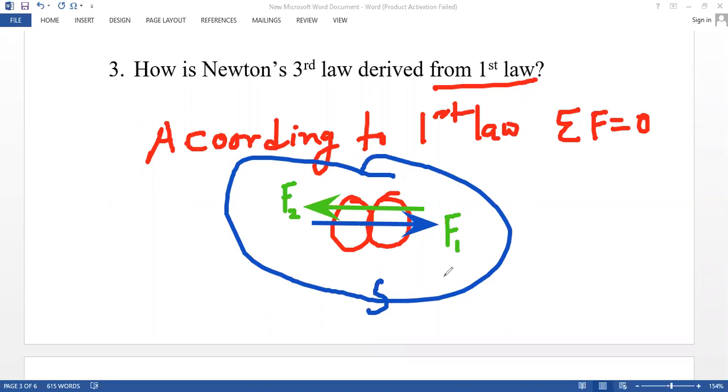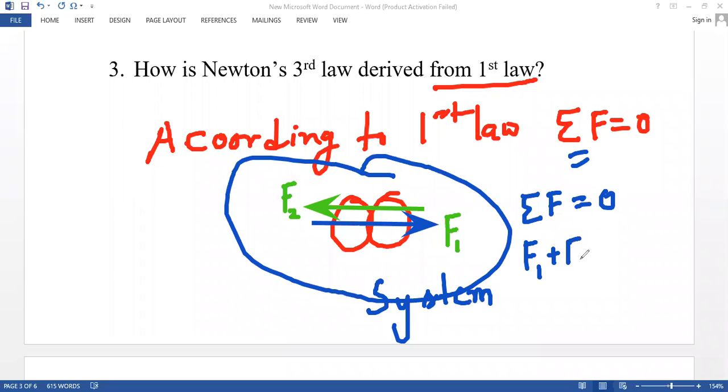According to first law, the net force of the system is zero. That means F1 plus F2, the two forces applied on the system, is zero. That means F1 equal to minus F2. That is the third law.